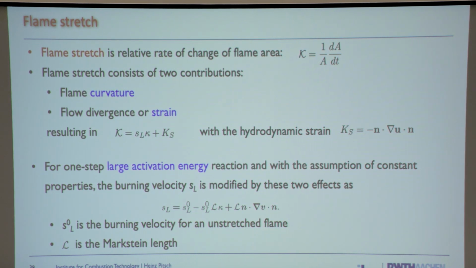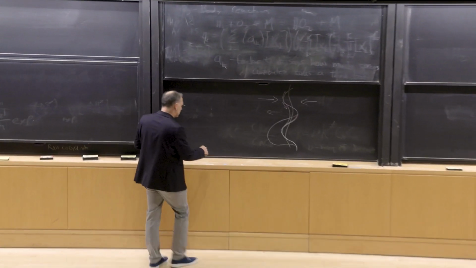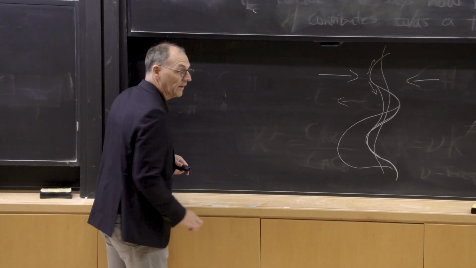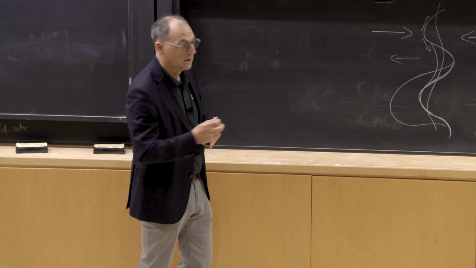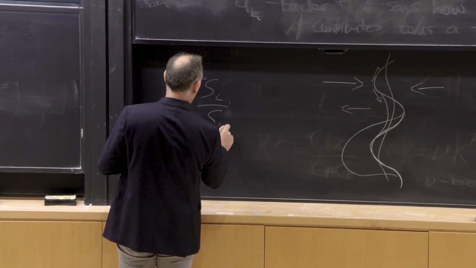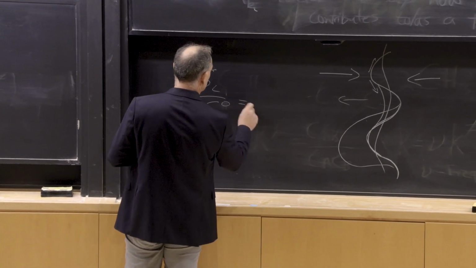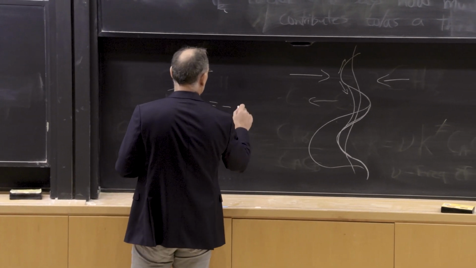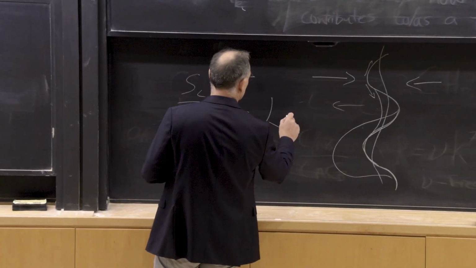You could look at L as basically the sensitivity: how much does the burning velocity change if I change the curvature. So I can say SL divided by SL0 is equal to minus L times kappa.